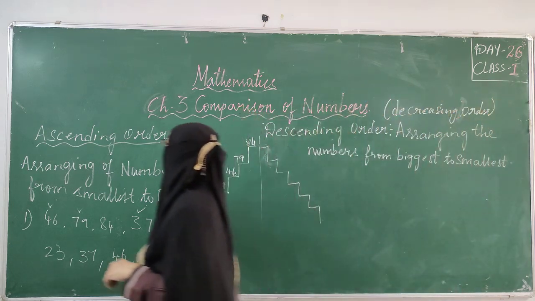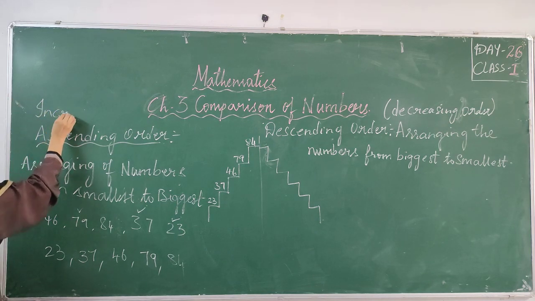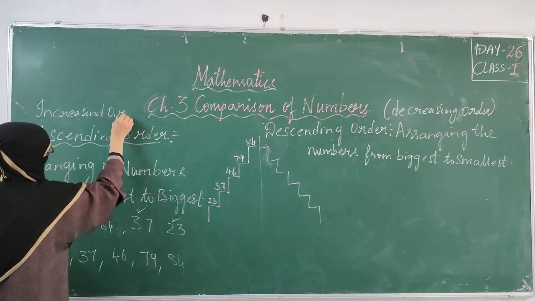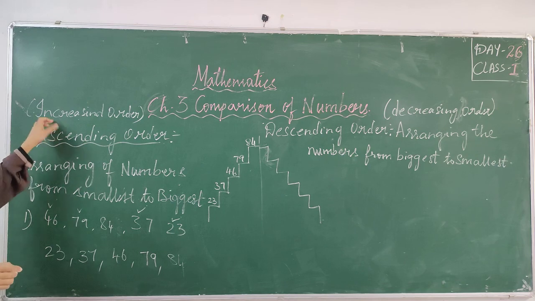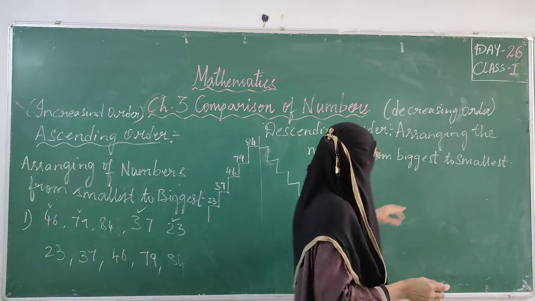And for ascending order you can say increasing order. Ascending order means increasing order; descending order means decreasing, arranging the numbers from biggest to smallest.